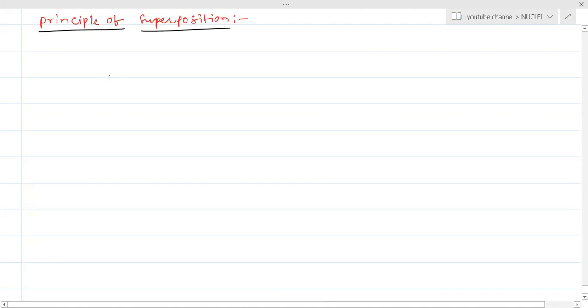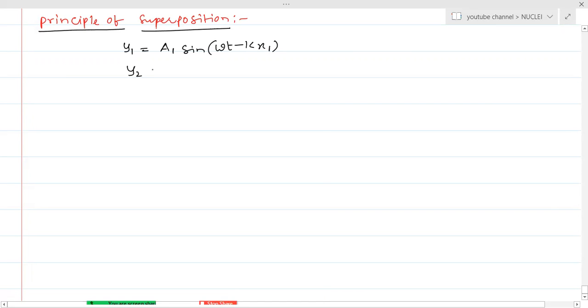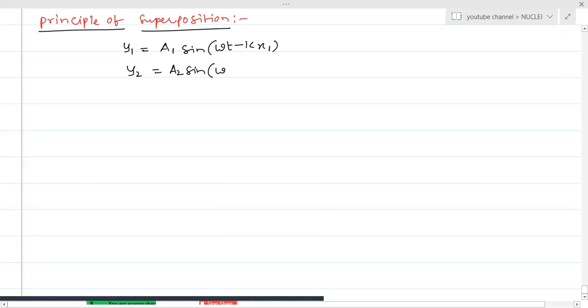For example, I'm taking two waves with the displacement y1 equivalent to A1 into sine of omega t minus kx1 and y2 equivalent to A2 into sine of omega t minus kx2. First we will find out the phase difference between the two waves.